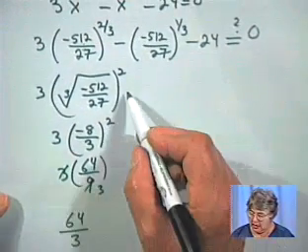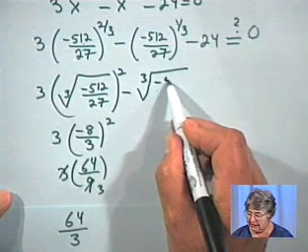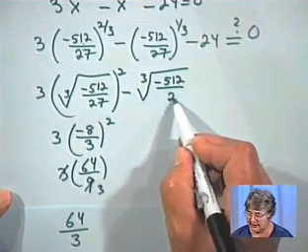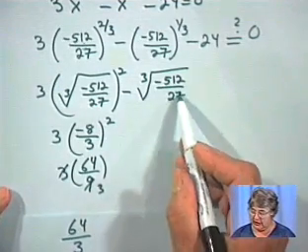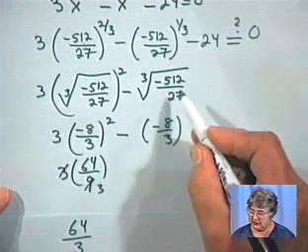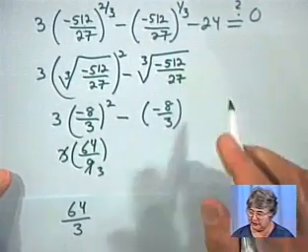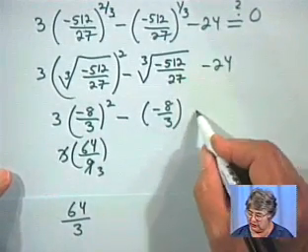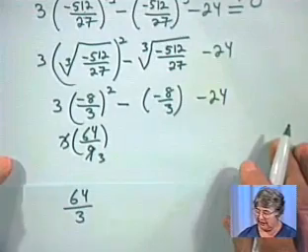How about the second term, the negative 512 over 27 to the 1/3? The cubic root of a negative is negative, so we're going to have negative 8/3, since 512 was 8 cubed, right? We still have this 24 that we have as the third term.